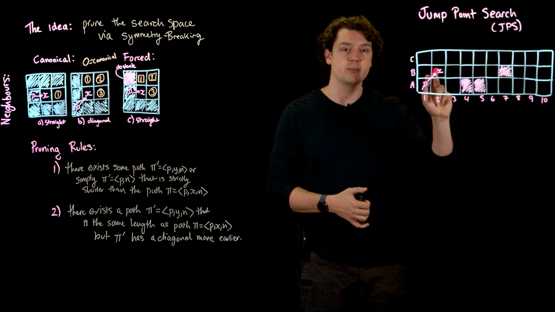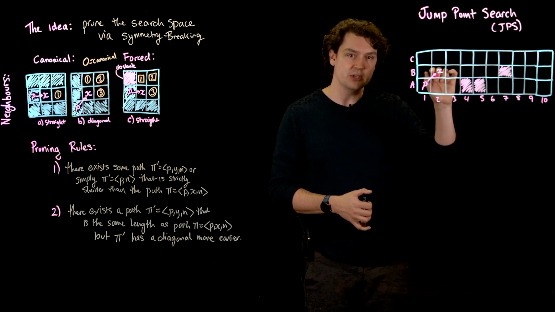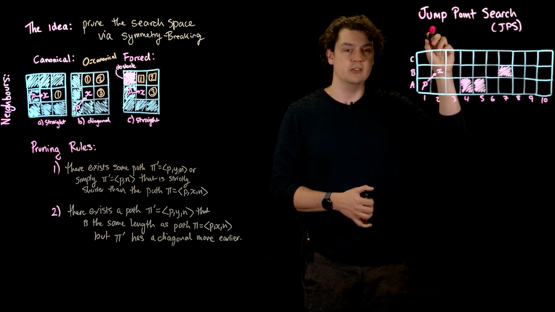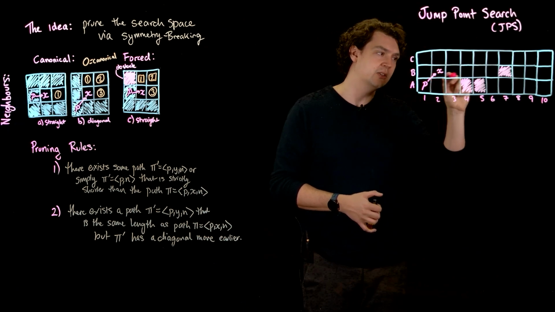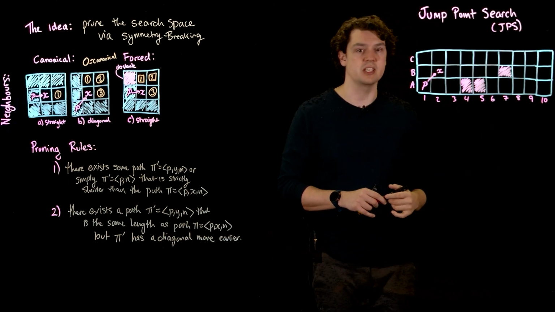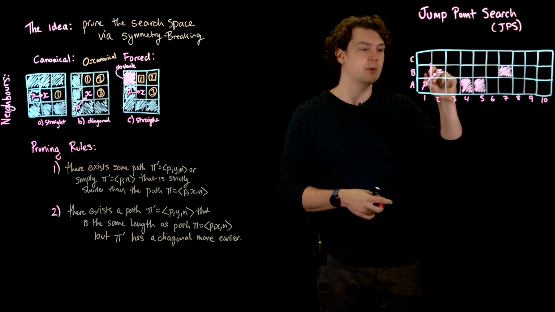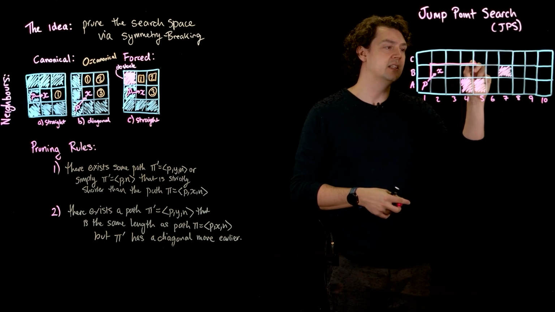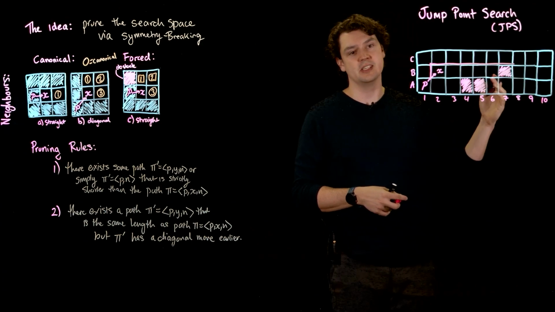We are moving from parent P to node X, right? We know, of course, you'd have to both look in the vertical direction, continue along the diagonal, as well as have this horizontal scan. So in this problem, it's all symmetric.